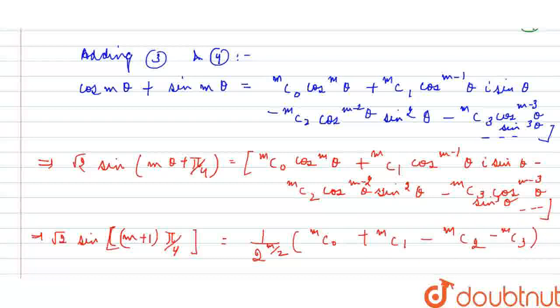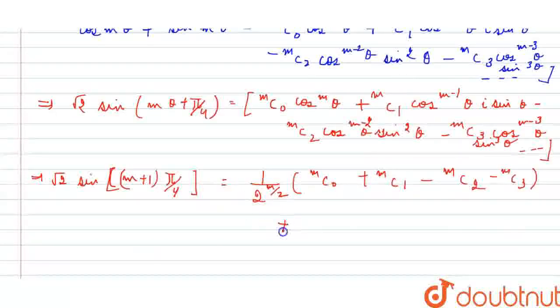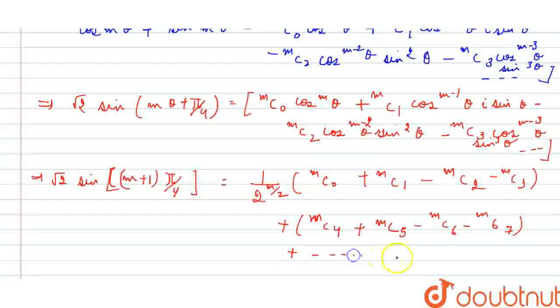So this thing plus mC4 plus mC5 minus mC6 minus mC7 plus, and this thing goes up to, I'm writing the last 4 terms, that is mC(m-3) plus mC(m-2).